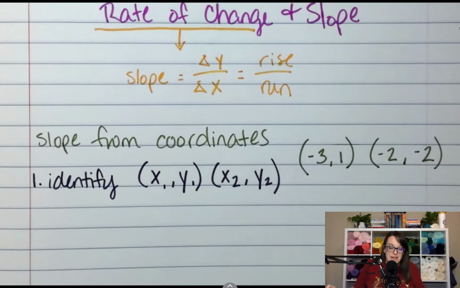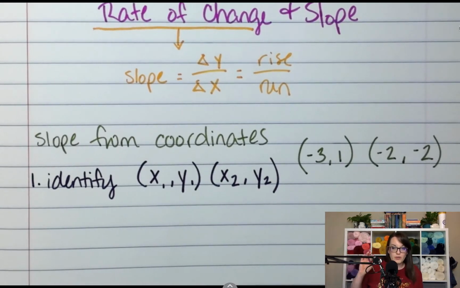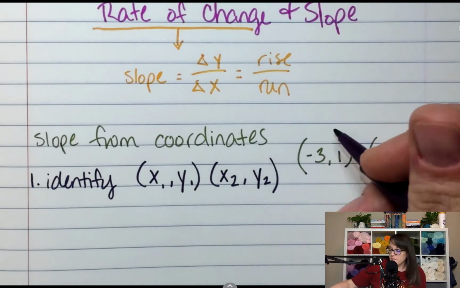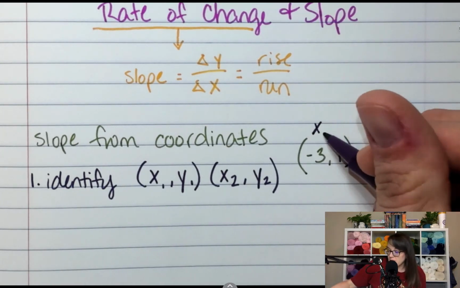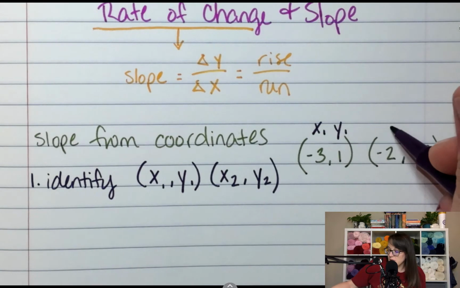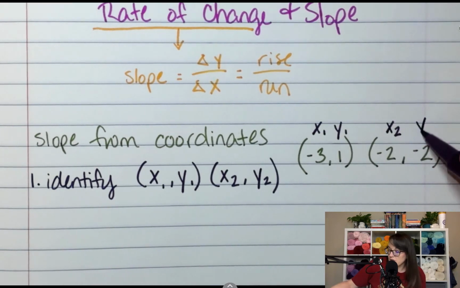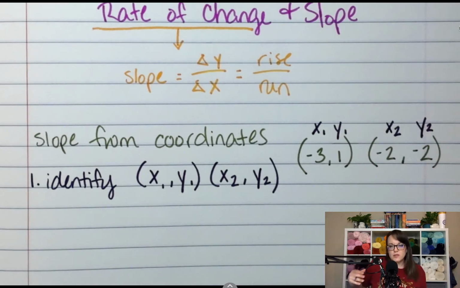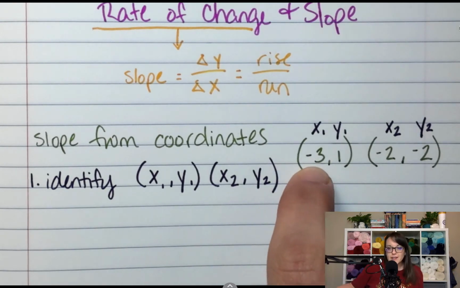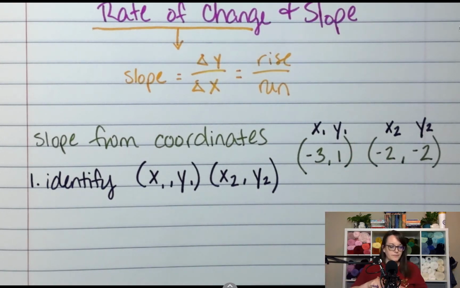And this doesn't really mean anything other than it's going to solidify the order in which we subtract. So I'm going to give this x1 and this y1, make this x2 and this y2. The ones and twos only mean this is the first x, this is the second x.